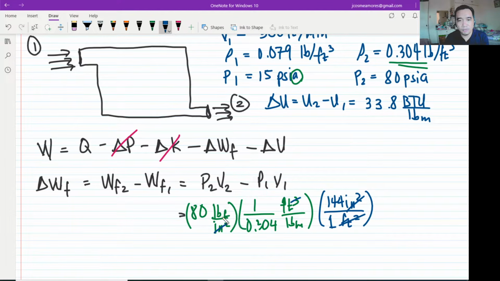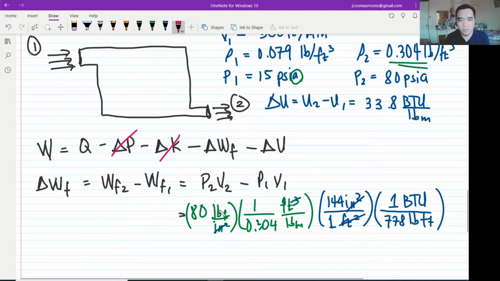And then we now have pound force foot per pound mass. And as I've told you, the correct unit should be BTU. So again, we apply the conversion factor 1 BTU per 778 pound force feet. So cancel pound force, cancel feet, and we now have BTU per pound mass.